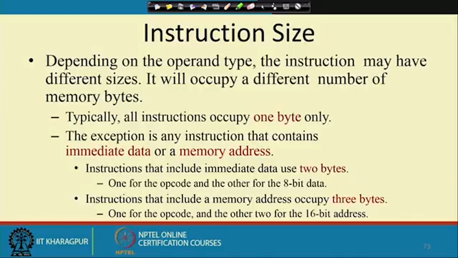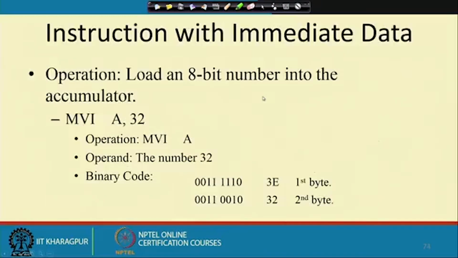The exception is the instruction that contains immediate data or a memory address. For immediate data, we have to have another 8 bit value, so the instruction will be a 2 byte instruction, where the second byte holds the immediate value. In case of a 3 byte instruction, the memory address, the instruction has to be 3 bytes wide, because the next 2 bytes will be holding the 16 bit address. So, instruction size will depend on the number of operands that we have in the instruction.